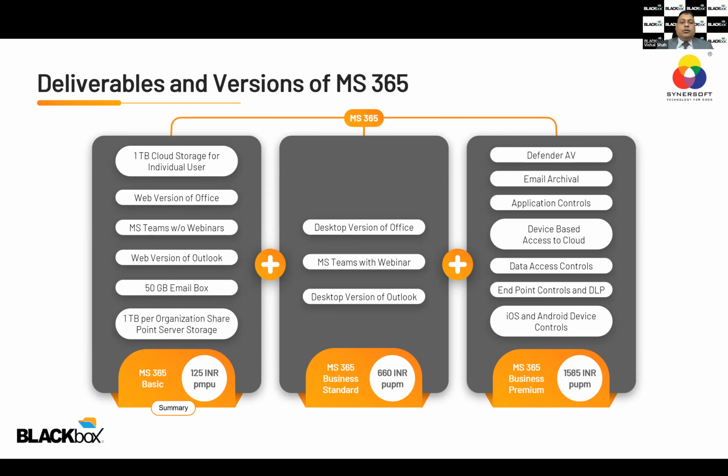So it is not available in the 125 rupees subscription. It is available in the 660 rupees subscription. So 90% of the audience would be required to spend 8,000 plus rupees per user per year. And maybe 50% would be required to pay 20,000 rupees per user per year.